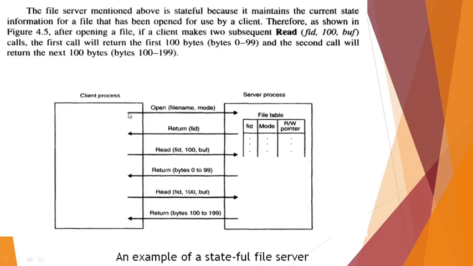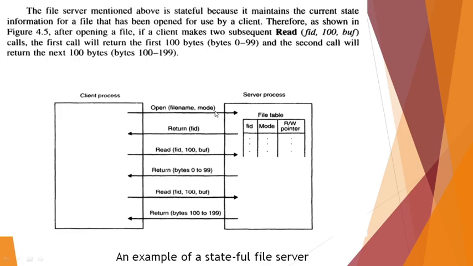The client process gives the file name and mode, and the server process maintains a file table with the file identifier, the mode in which we want to open the file, whether reading, writing or executing, that is, mode read, write and execute, and the read write pointer, where it is.